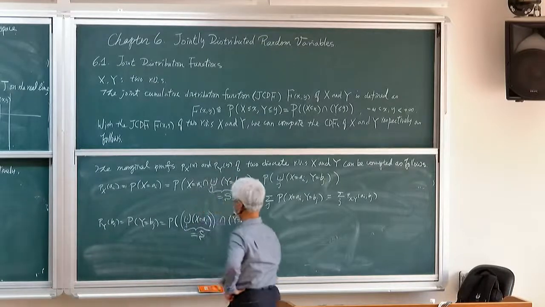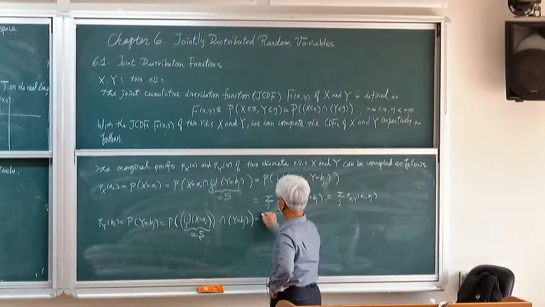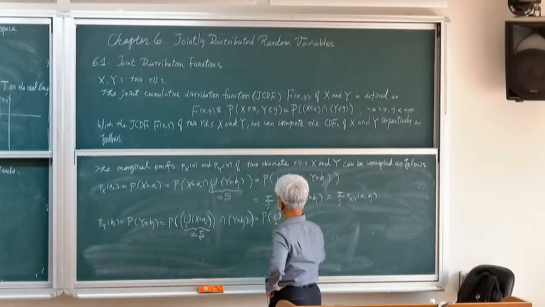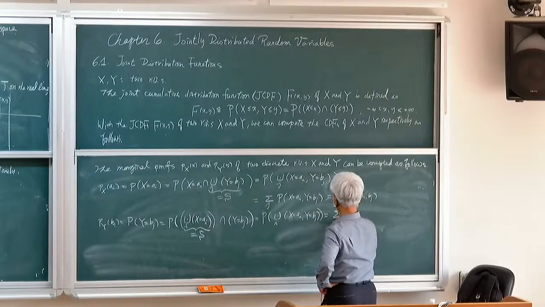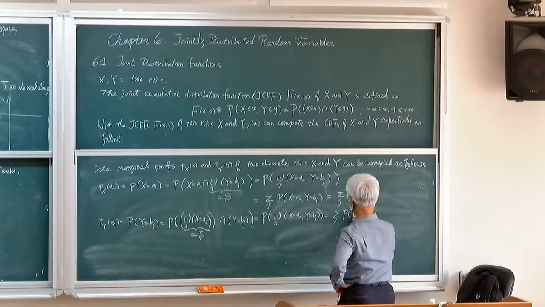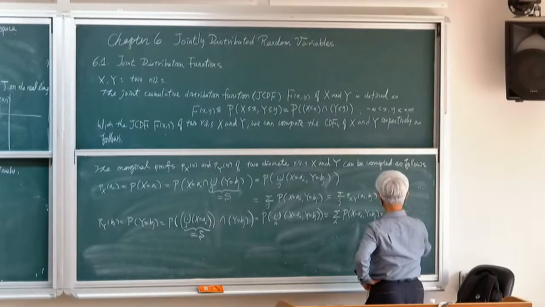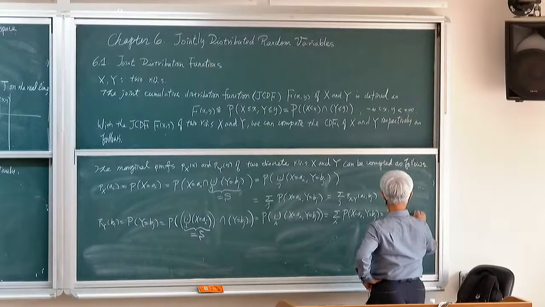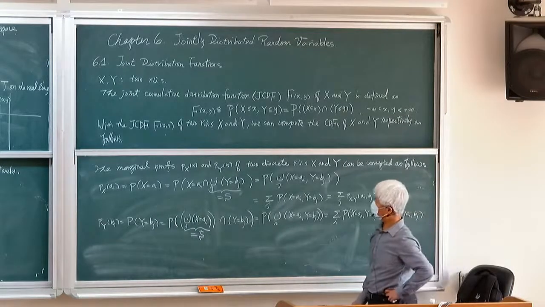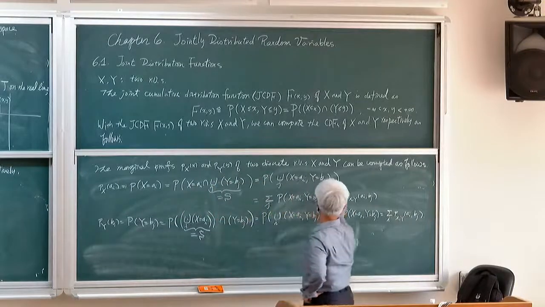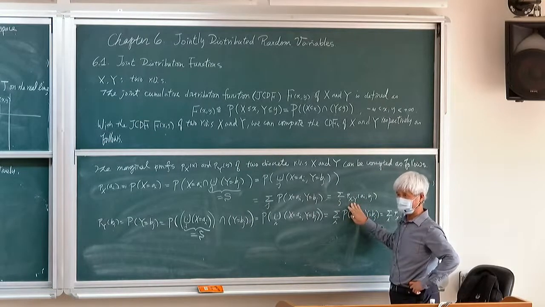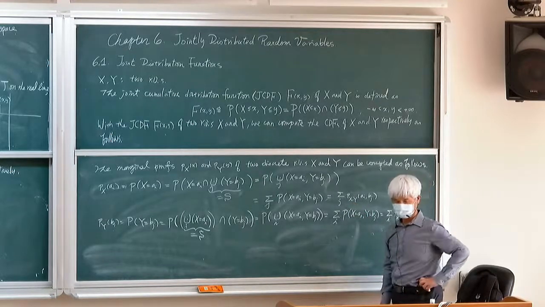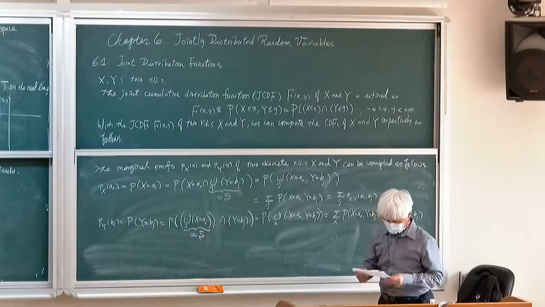This is the summation over i of the probability of X equal to a_i, Y equal to b_j, so a summation over all i of little p_XY of a_i, b_j. So the marginal PMF can be obtained by summing over the joint PMF of X and Y. Okay, so that is an interesting case.